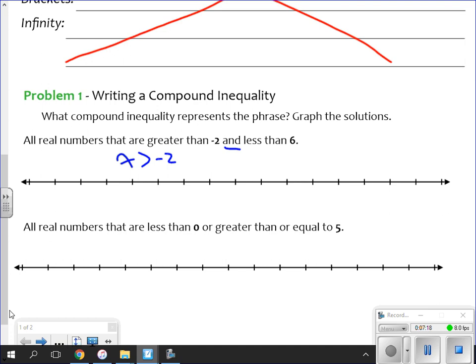And what's the little word that I underlined? And. And the other inequality, x is less than 6.